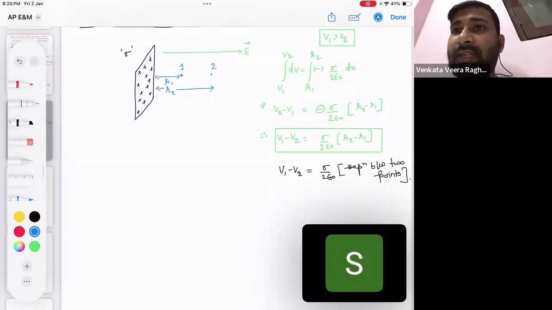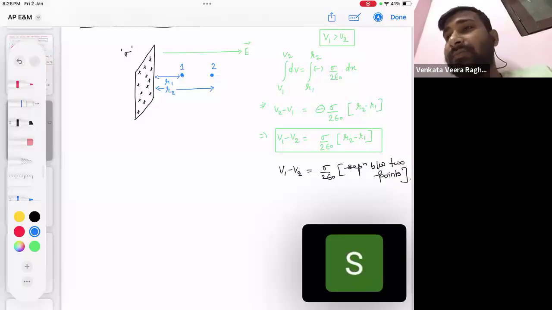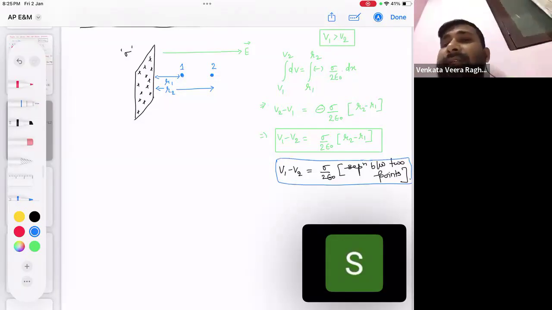Why? Because here the potential difference does not depend on what r1 and r2 are. The potential difference depends on the separation between r1 and r2. So be careful about the question when we get this kind of problem. Okay, clear?